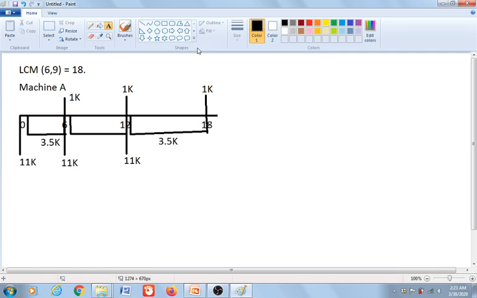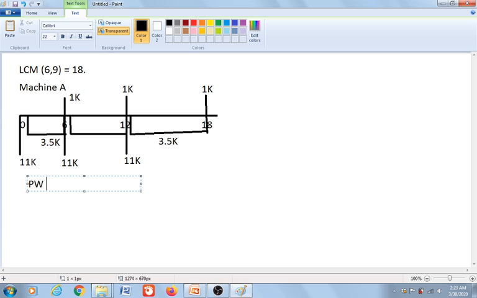Now we need to calculate the present worth for machine A. PW of A is equal to: the first 11k is at year 0, so there is no need to do anything to it, so it's minus 11k.